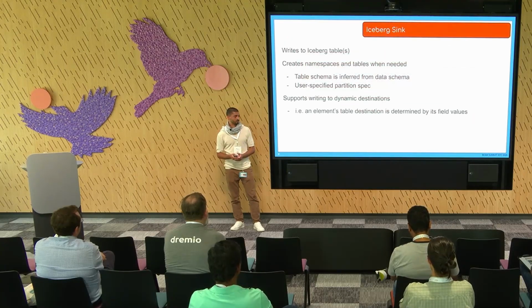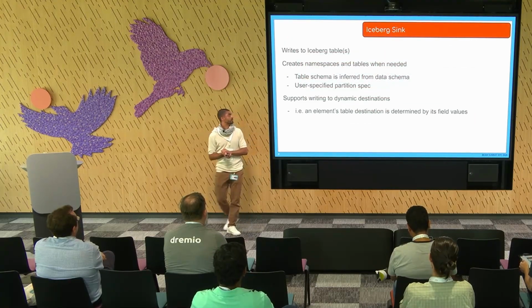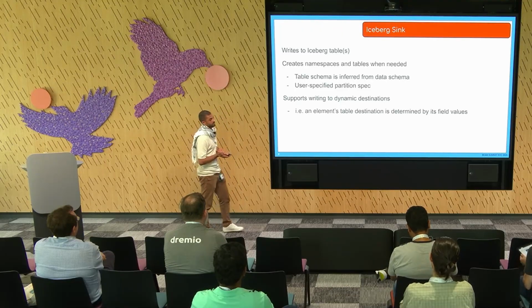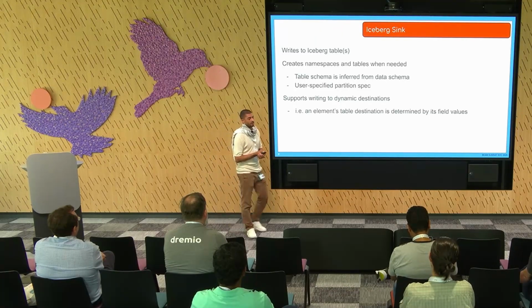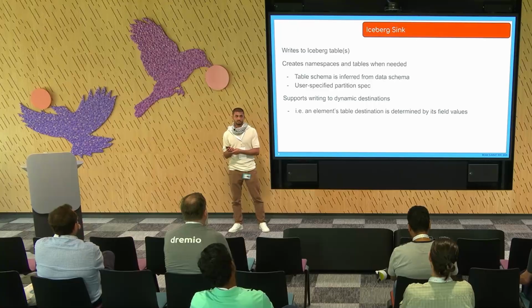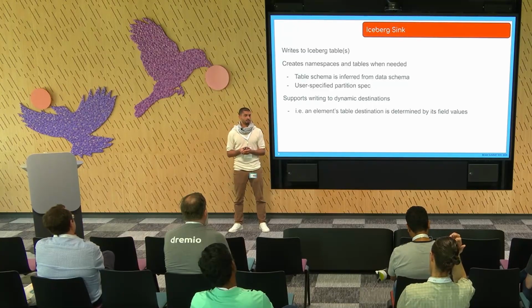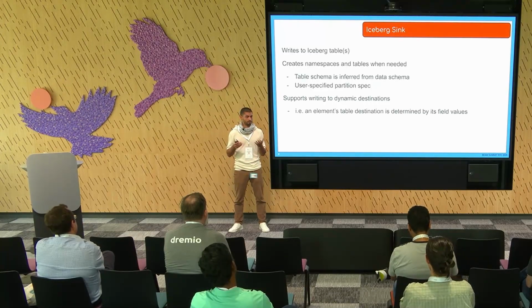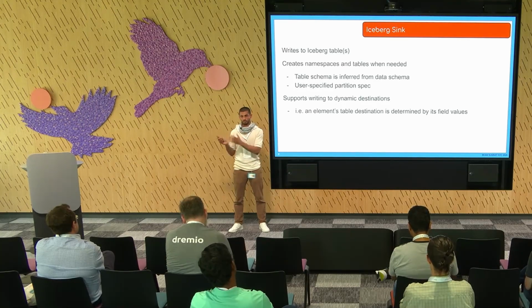So yes, let's go into the first IO we have. We have the sink, which obviously writes to tables. It creates namespaces and tables as needed, and you write to it using Beam rows, and the sink can infer the schema of the table from the data.